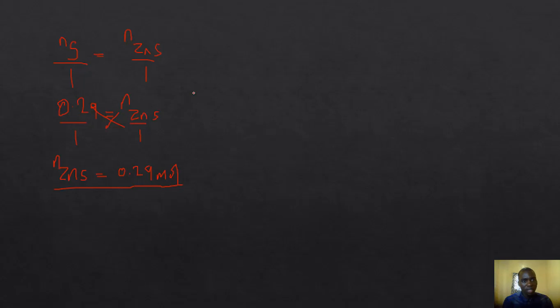So to find the mass, the same procedure that we used: number of moles is equal to mass over molar mass. You can make M the subject of the formula by cross multiplying. So mass is equal to the number of moles multiplied by what? Molar mass. Now remember, here we are determining for zinc sulfide. To find the molar mass of zinc sulfide, you just need to write zinc sulfide like that. Then remember what we did at first.